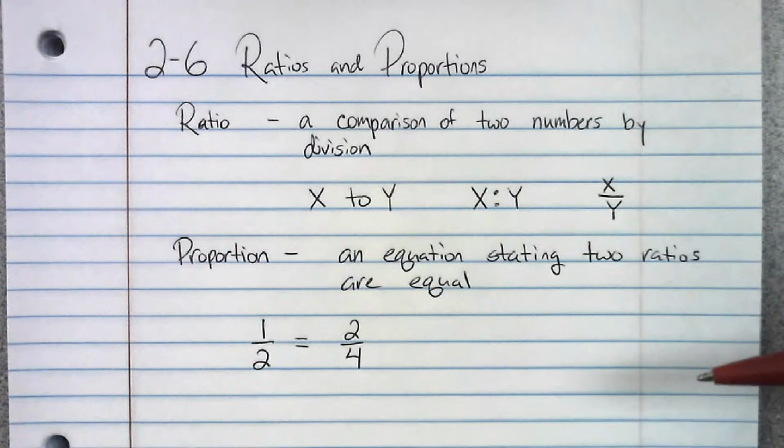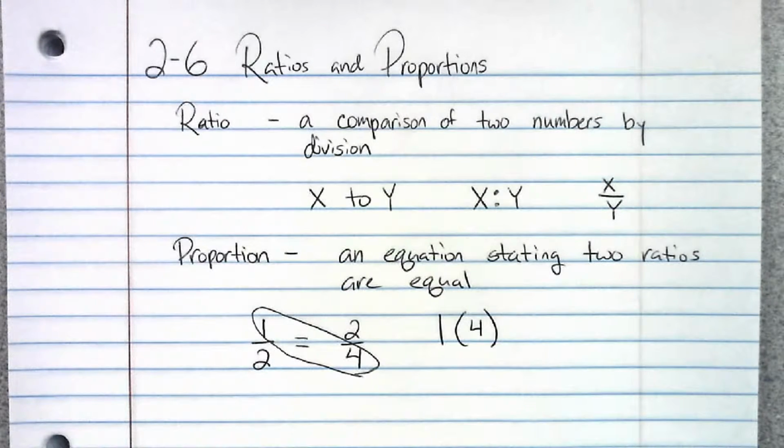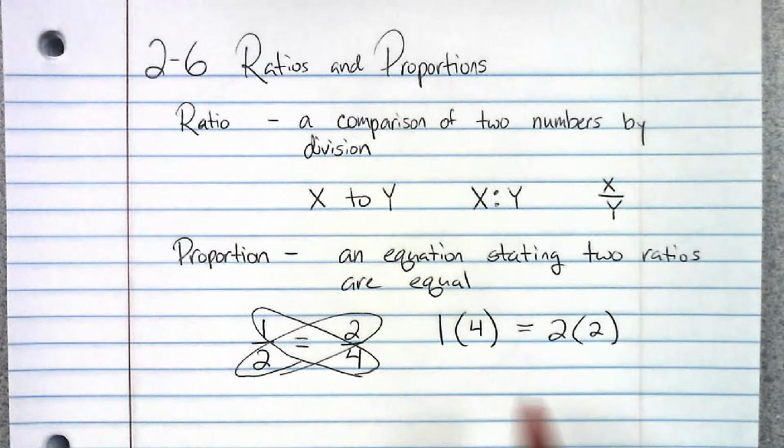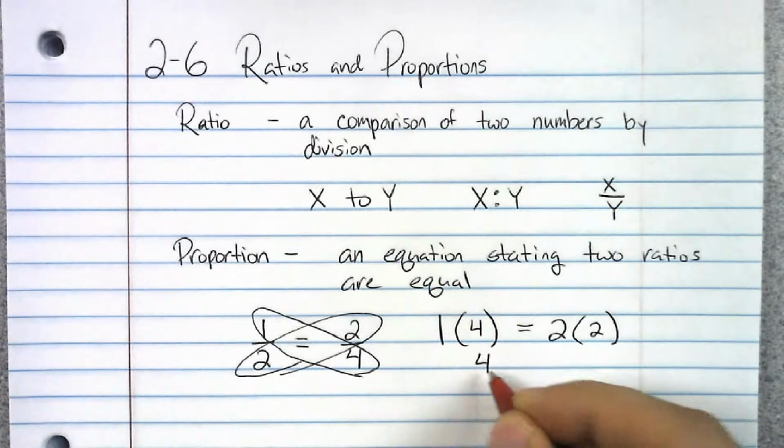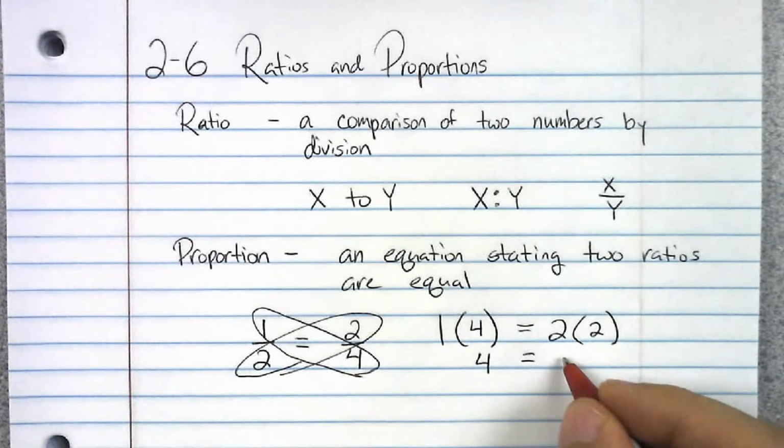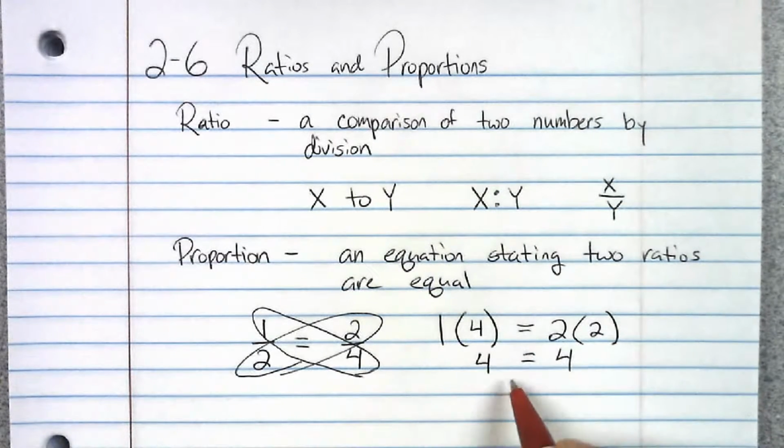Remember, products are the answers to multiplication questions, so cross products would be as follows. Now, when we solve, 1 times 4 is 4, 2 times 2 is 4 as well. Notice we get the same value on both sides of the equal sign.